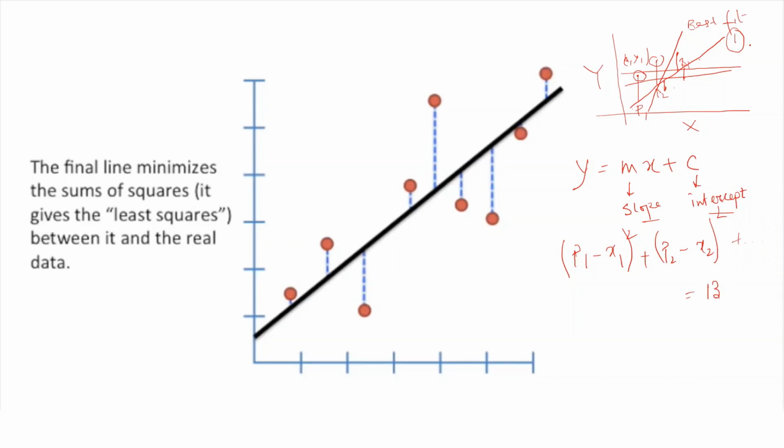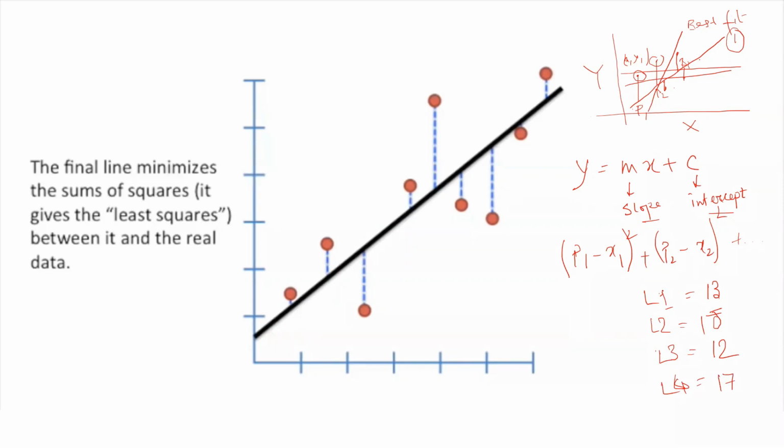So with the first line, you got 13 as the sum of squares. With line L2, you got 15. With L3, you got 10, with L4, say 12, and with another line, you got 70.